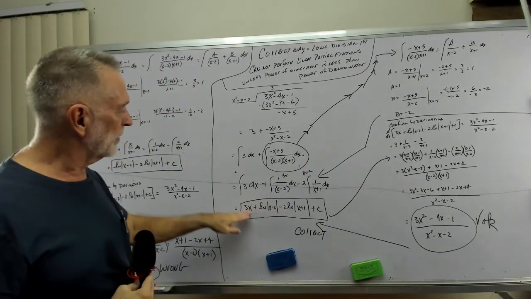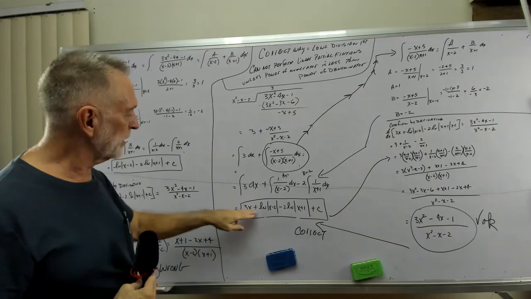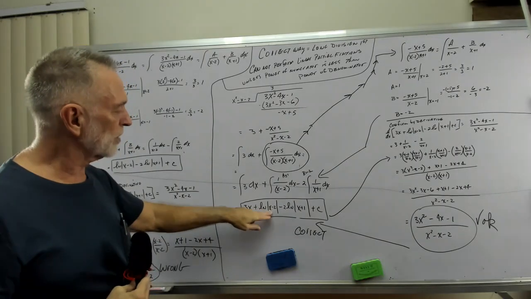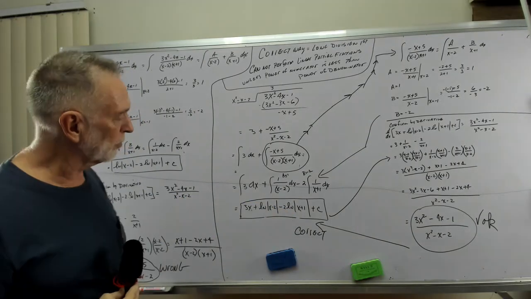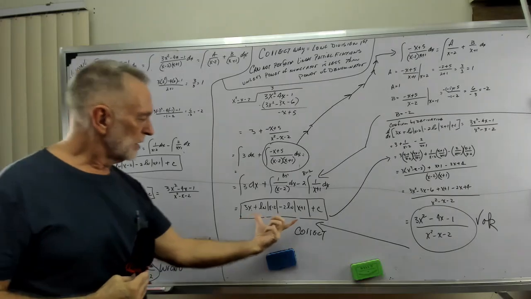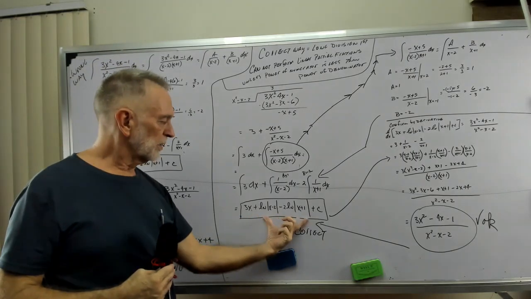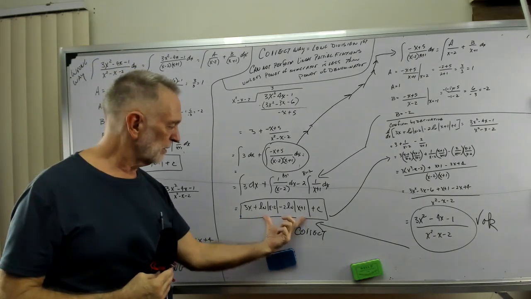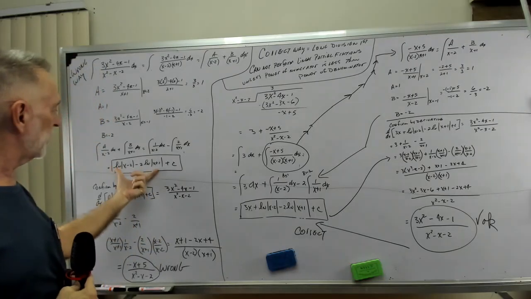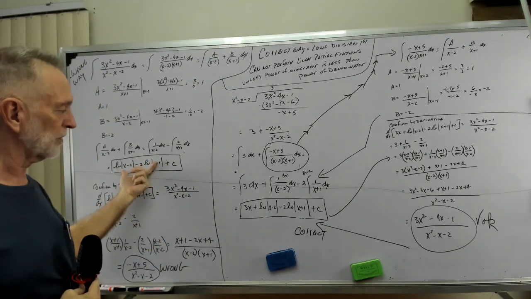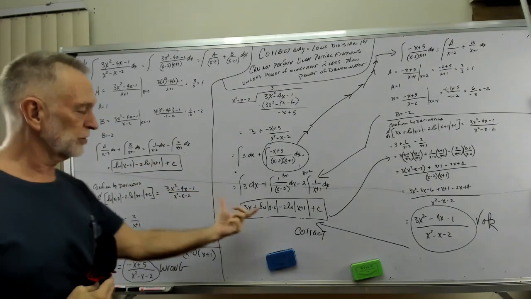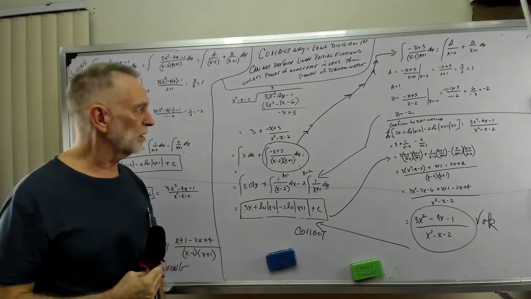And I end up then, when I go through the integral, with 3x plus natural log of x minus 2 minus 2 natural log of x plus 1. Now you'll notice that this piece is what I had over here. I just didn't have the 3x. So I had a portion of this, but not all of it.